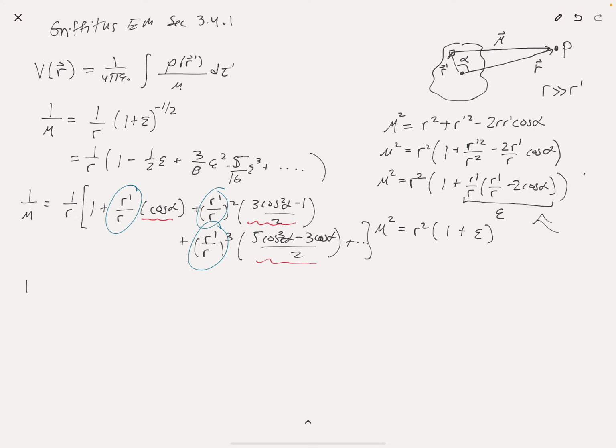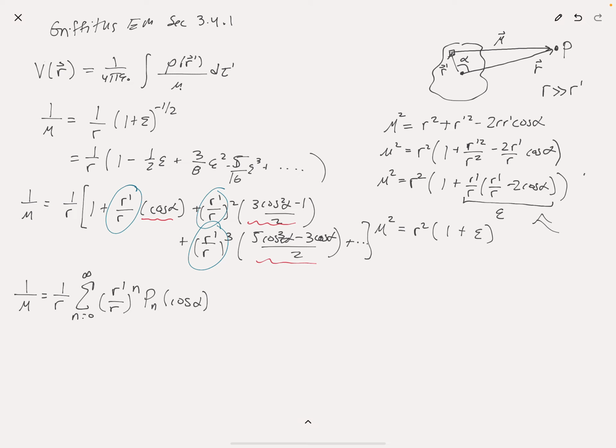So I can go ahead and write 1 over script r as 1 over r times a sum from n equals 0 to infinity of this first factor, r prime over r, to the n, times my Legendre polynomials P n of cosine of alpha.